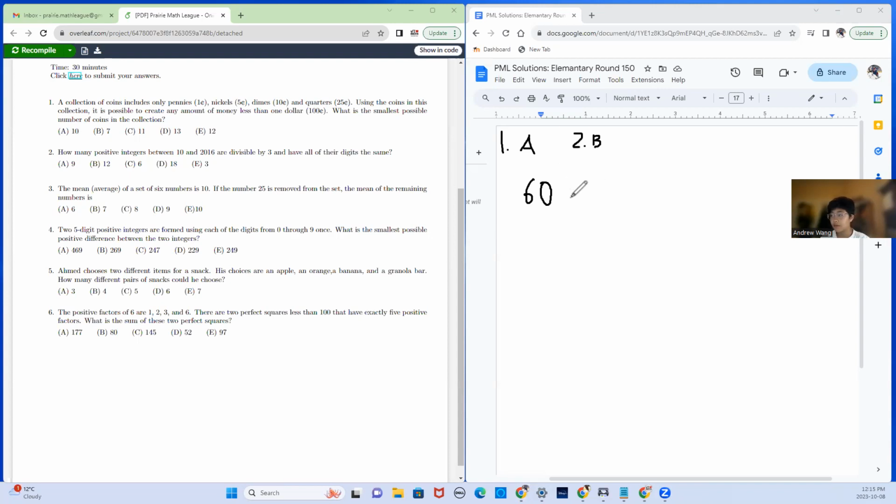So if the number 25 is removed from the set, we have to subtract it from the sum as well. So 60 minus 25 will equal 35. So 35 is the sum that we have right now. And since we also removed a number from the set of 6, we only have 5 numbers right now.